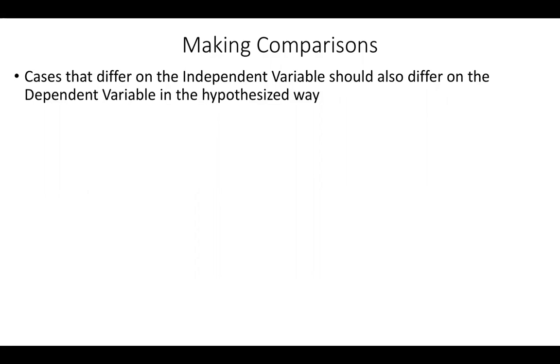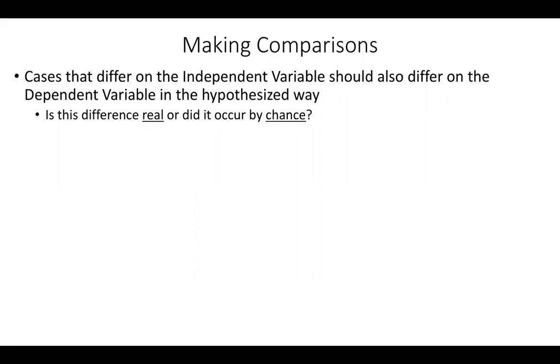If you move from Republican to Democrat, what does that do to, say, support for gun control? If you move from high school to college education, what does that do for, say, income overall? That was our overall logic of hypothesis testing.